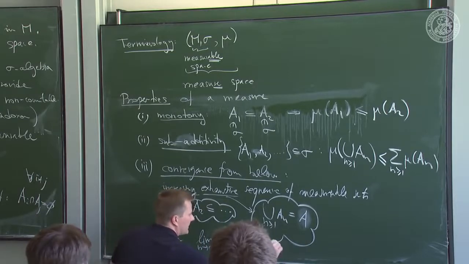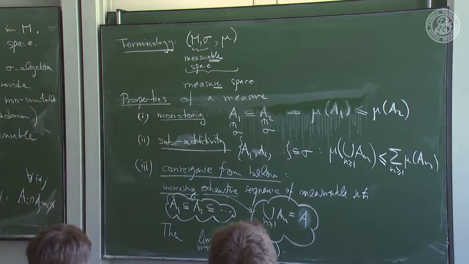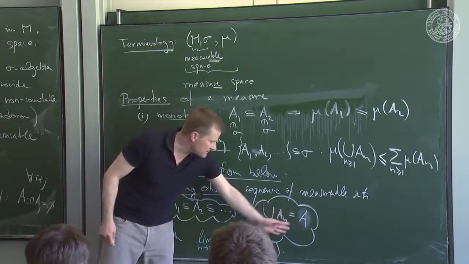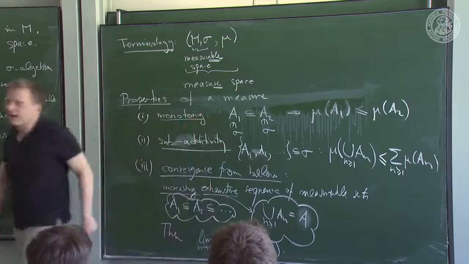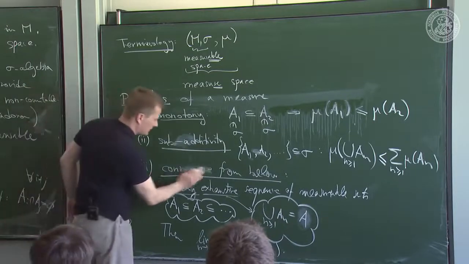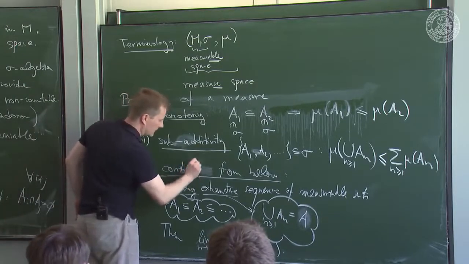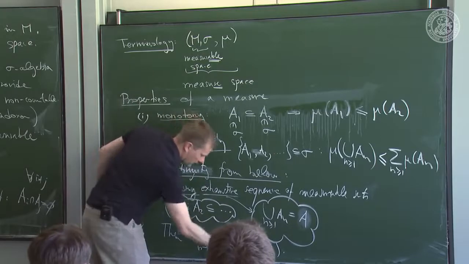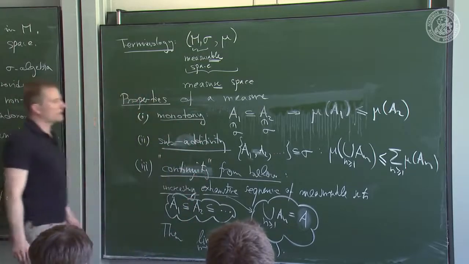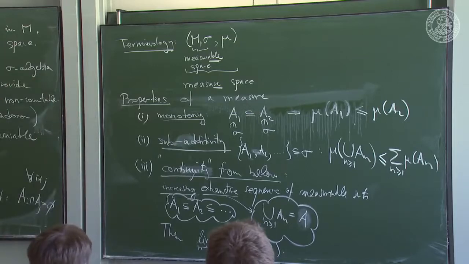You get the measure of A. The limit n to infinity is meant in this way, hence we write it like this. So this is the continuity, in quotation marks. Because you can pull a limit in, it's continuity from below. And there's also a continuity from above.